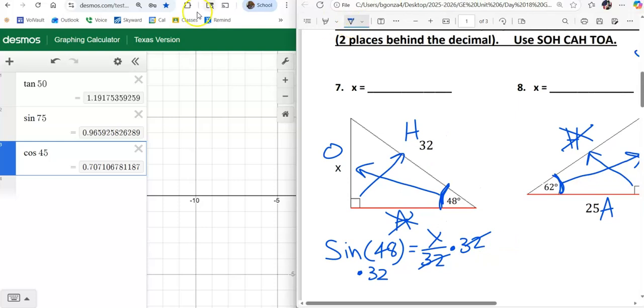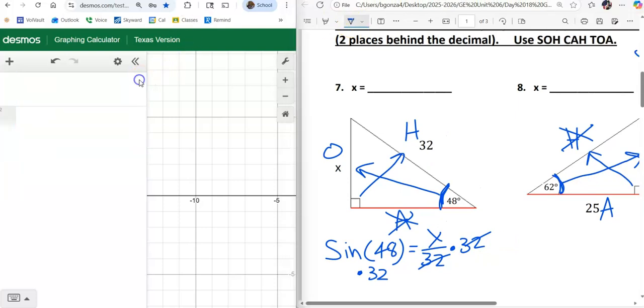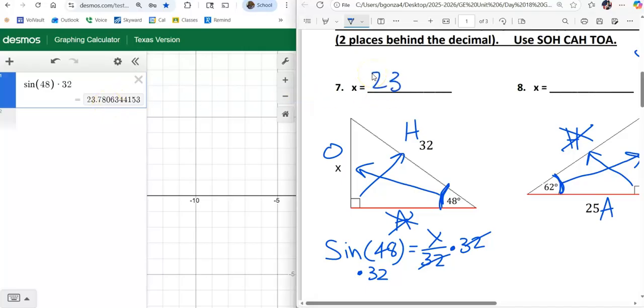So now I can go to my calculator and type in sine 48, use parentheses, sine 48, and then after the parentheses, times 32, I get 23.780. So it's 23.78. Cool.